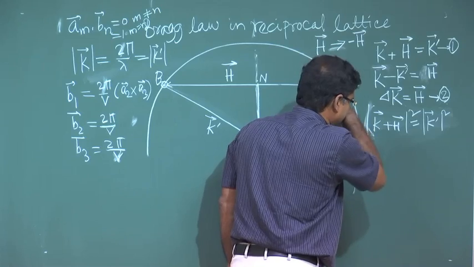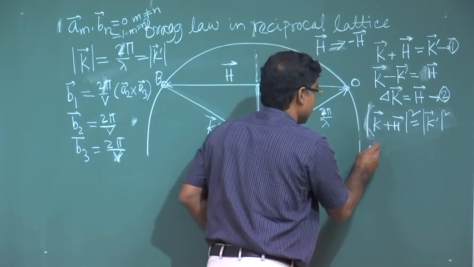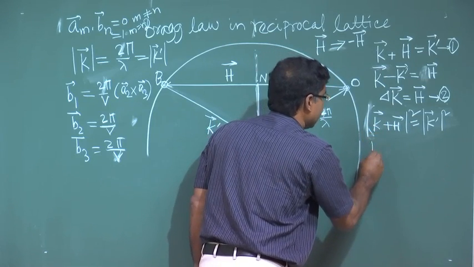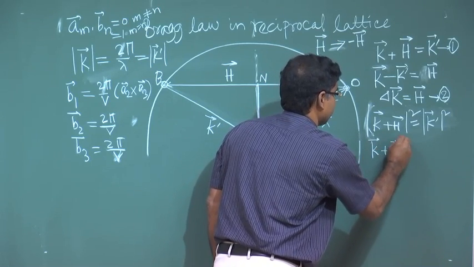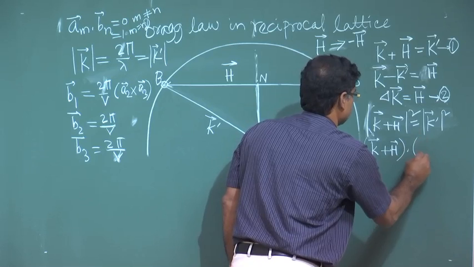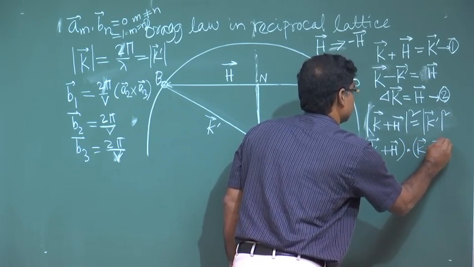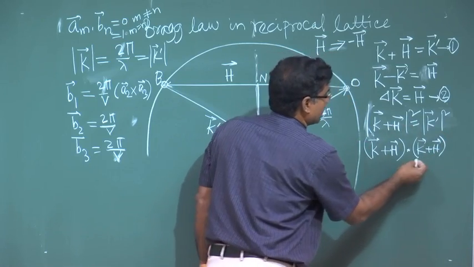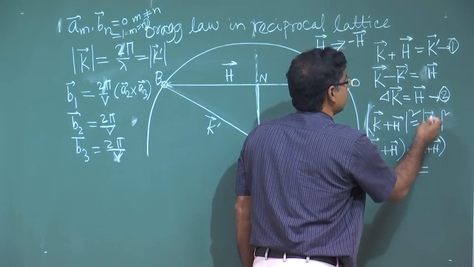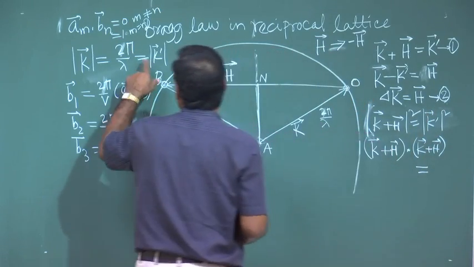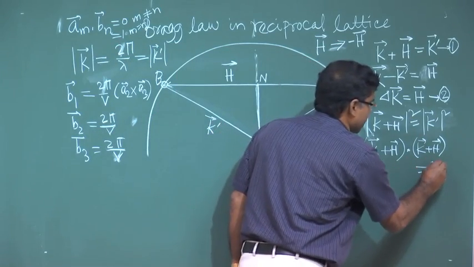So this is nothing but you can take the dot product. If you take the dot product, you will get, okay, let me write, that will be equal to K dash square. K dash square is nothing but the magnitude, right, K square. So I can write this as K square.